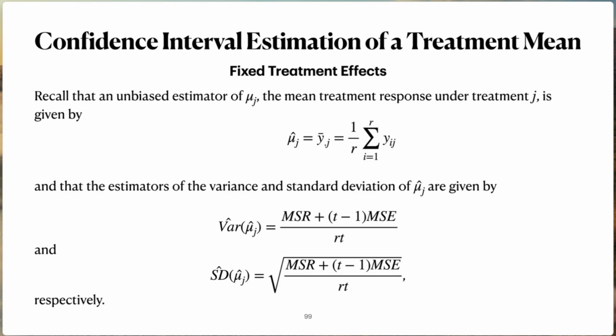And so the estimated variance of mu hat sub j is equal to the mean square for blocks, MSR, plus t minus 1 times MSE, all of that divided by the total number of observations in the experiment, r times t. And the estimated standard deviation of mu hat sub j is just the square root of that quantity.